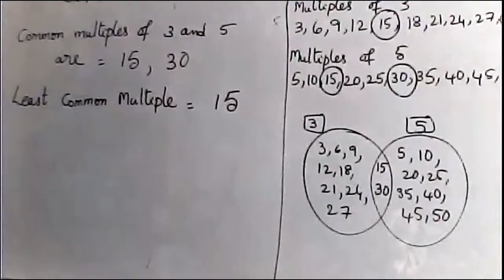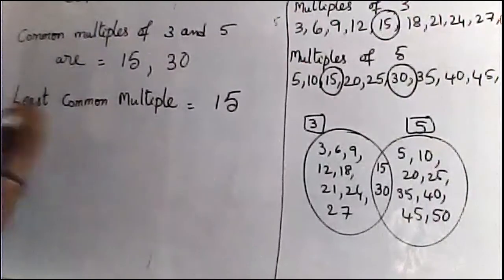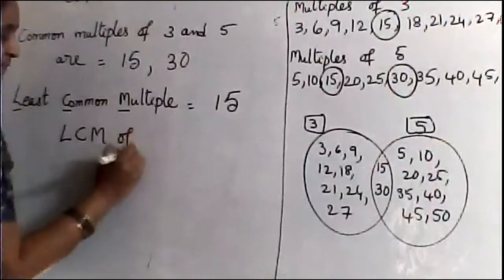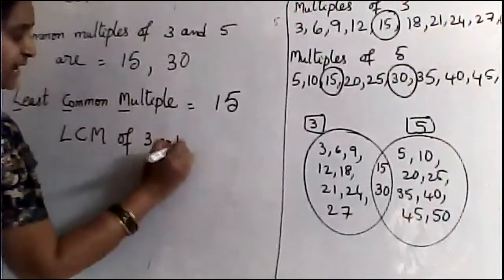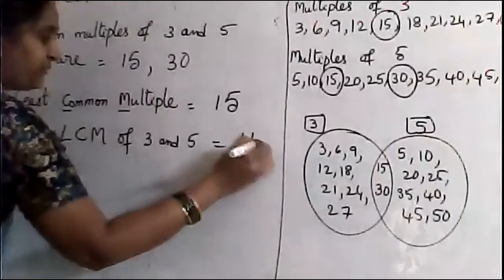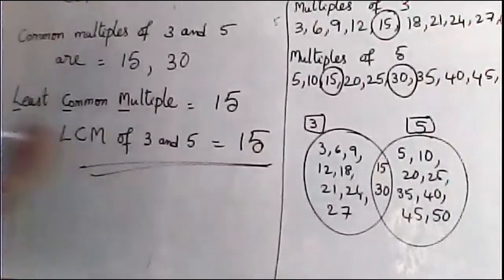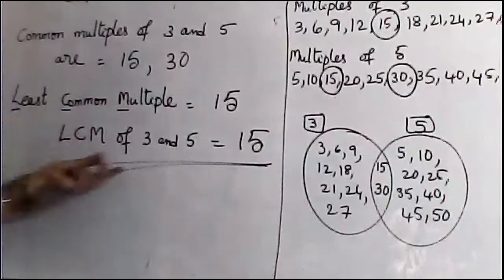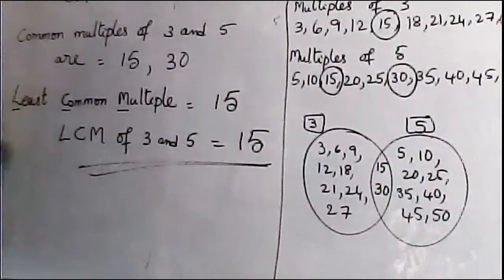So in short form, this can be written as LCM. LCM of 3 and 5 is equal to 15. This is called least common multiple.